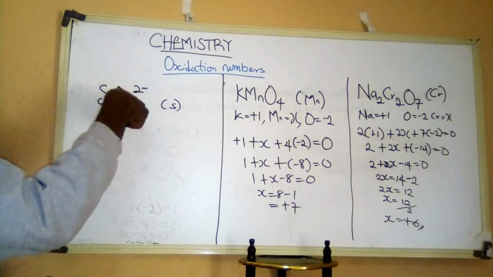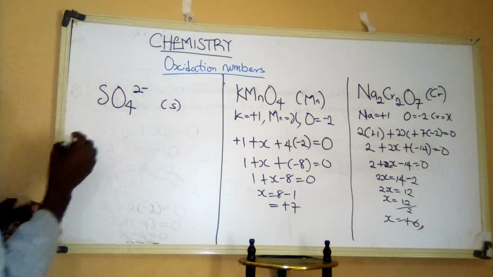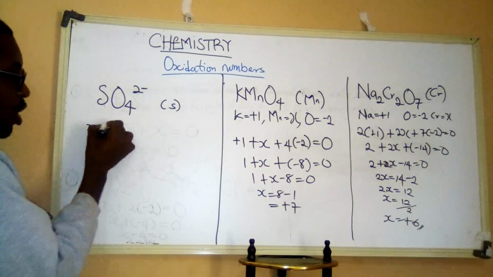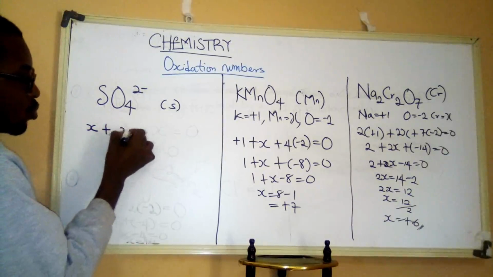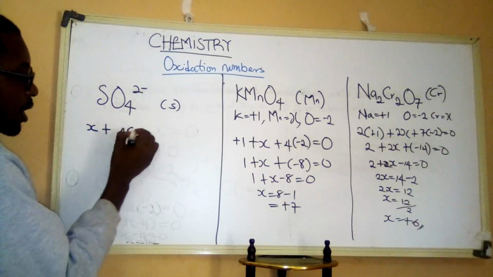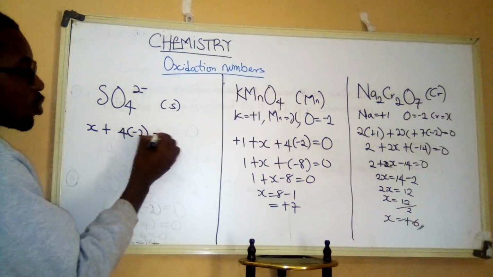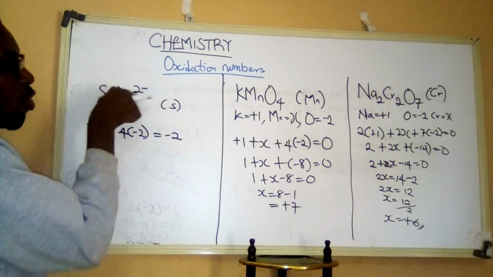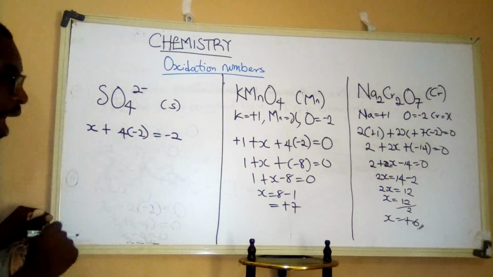overall charge. So, what we'll be having is that we don't know the oxidation number of sulfur, so it's X plus 4 times -2 is equal to -2. Remember, it's equated to -2 because that is the overall charge of that ion or radical.